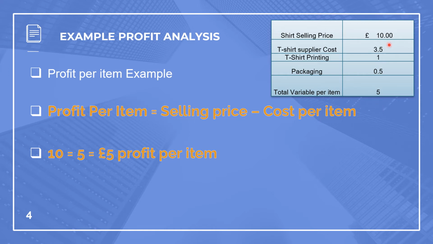So our cost per item, we need to pay for the actual t-shirt, pay for the printing of the t-shirt, and pay for the packaging for the t-shirt. So that means it comes to £5 cost per t-shirt. So if our selling price is 10 and our cost per item is 5, we do 10 minus 5 equals £5 profit per item.